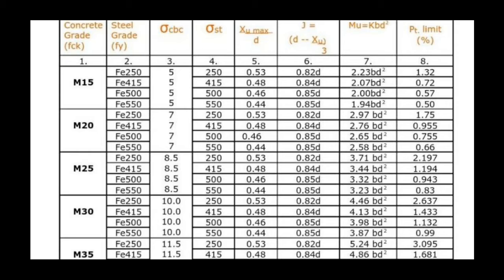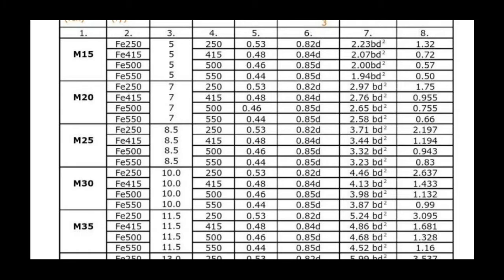So this table has been made based on that equation of Annex G. Let's say suppose for M25 concrete and Fe 500 steel, the value of K or Ru is 3.32.